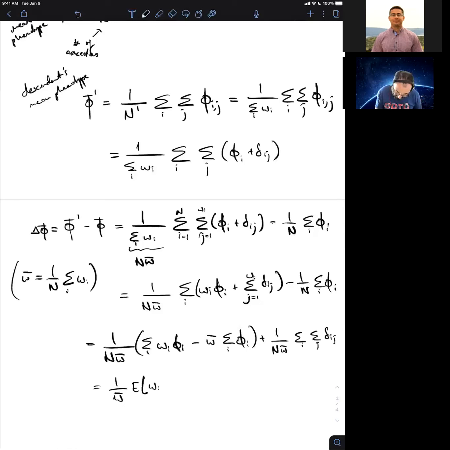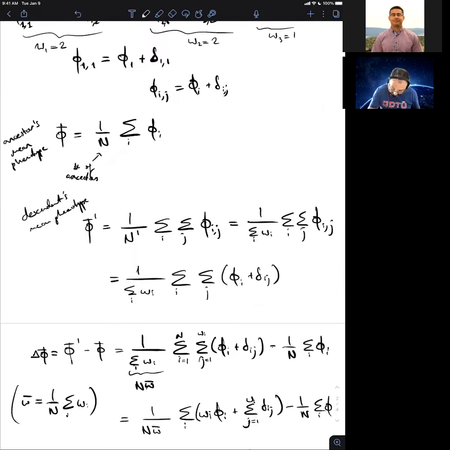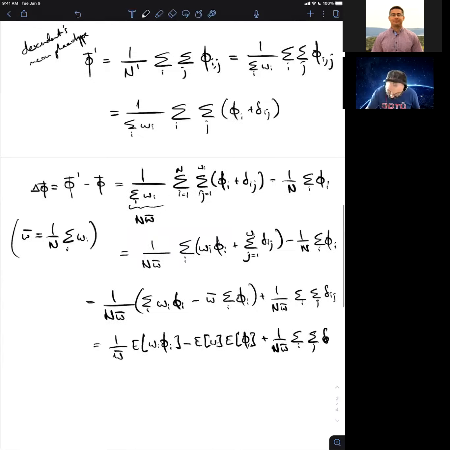The expectation of Wi times phi i, and then 1 over n times the sum over phi i, which is the expectation of phi, minus the expectation of W, which is W bar, times the expectation of phi, plus this term, the sum of delta ij.